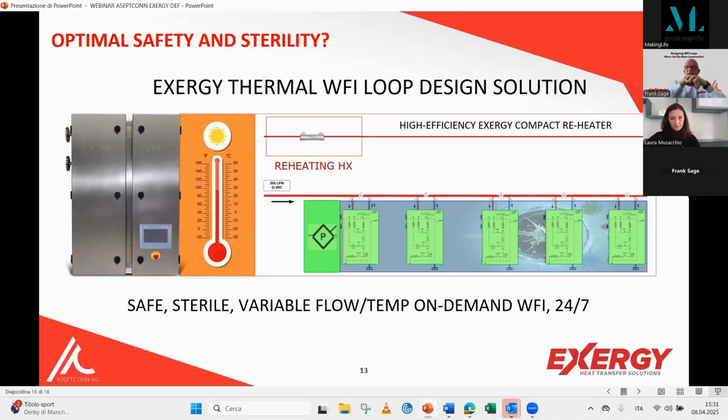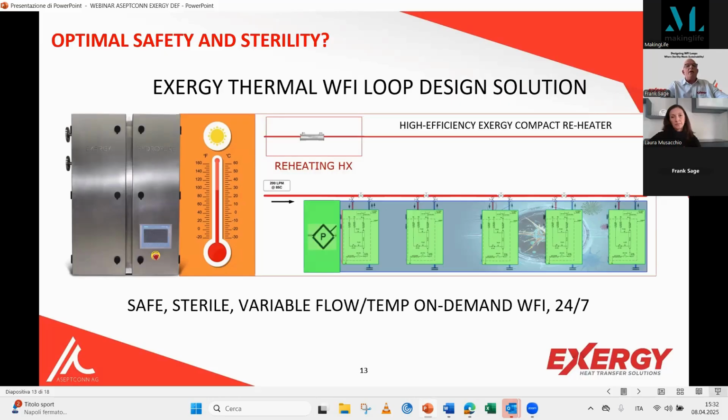So chromatography skids, parts washers, wherever there's process equipment that needs WFI, we work with the design teams to optimize at each point of use the flow, temperature, variable flow, variable temperature, to eliminate WFI waste, to maximize productivity through instantaneous availability of WFI. And we can achieve that 24/7 with no downtime for sterilization.